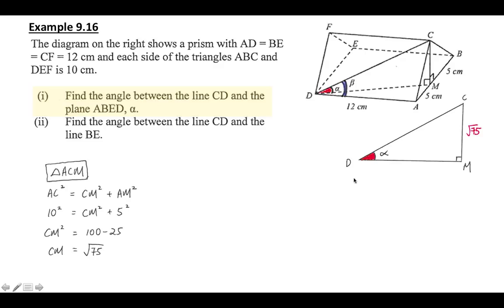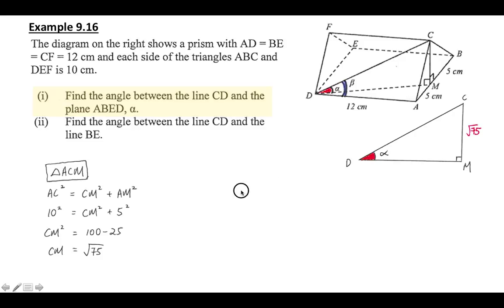Next, we are going to find the length of this triangle DM. We're going to look at this triangle CDA. We know that DA is given as 12 cm. AC we know is 10 cm. Again, you would have noticed that the triangle CDA is actually a right angle triangle.